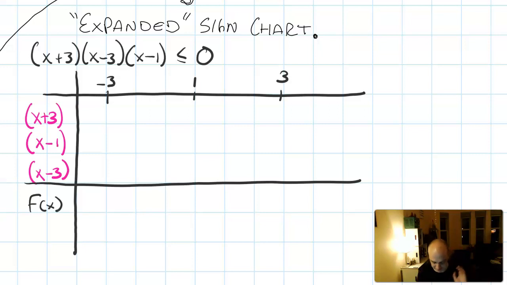And then instead of thinking about the function at every test value, I'm going to think about the sign of each factor between every test value. So x plus 3 itself would be negative to the left of negative 3, because anything less than negative 3 plus 3 is still negative.